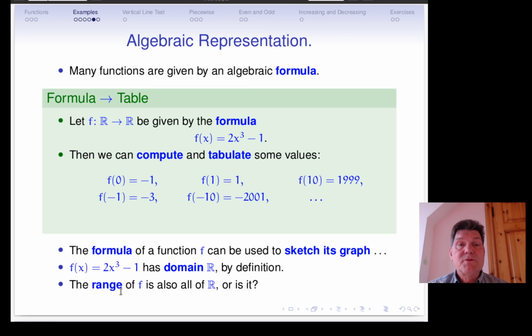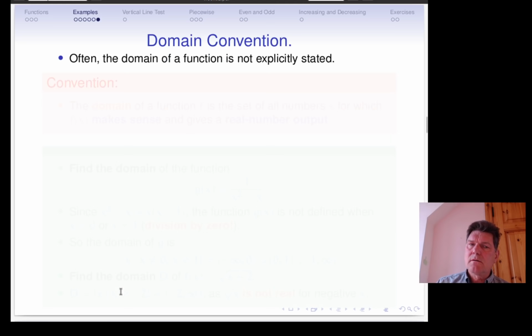We will develop tools as we go along to answer such a question definitely and accurately. For now, I just want to raise the question. The same question can be raised for the domain. Often a function is just described by a formula without stating the domain explicitly.